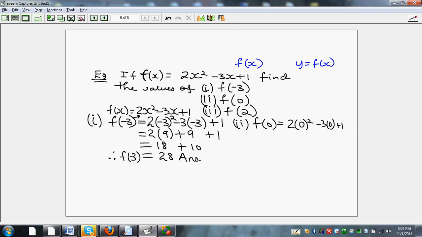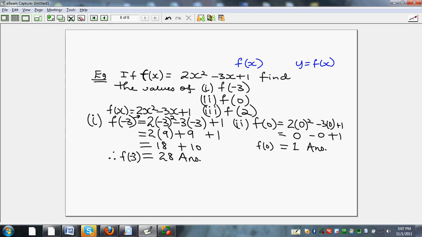So this is how it will look. Simple like that. So then we say 2 by 0 squared is 0 minus 0 plus 1, and the answer is 1. So f of 0 is 1. That's the next answer. Okay, it's as simple as that.